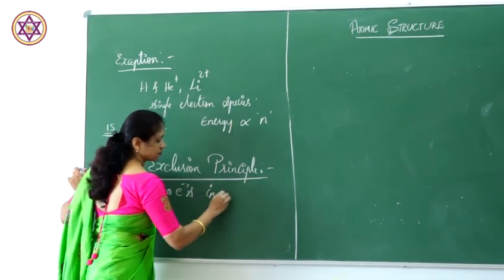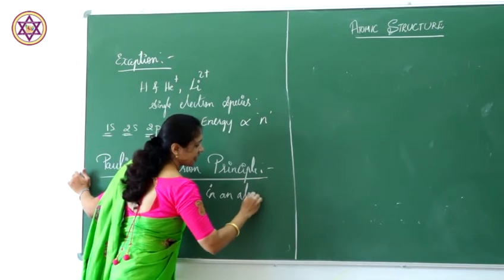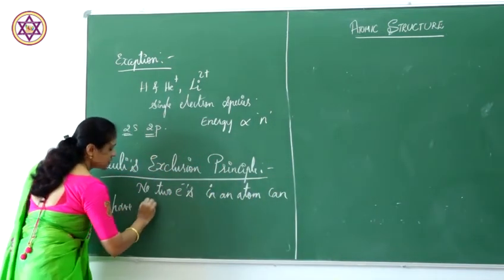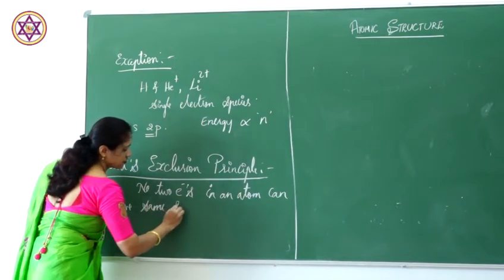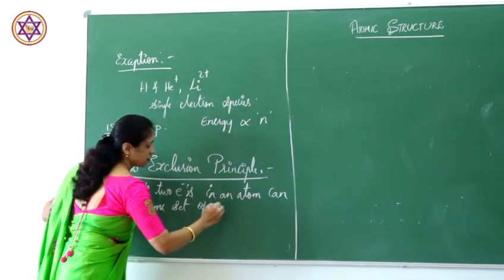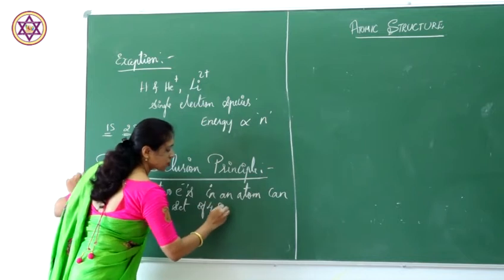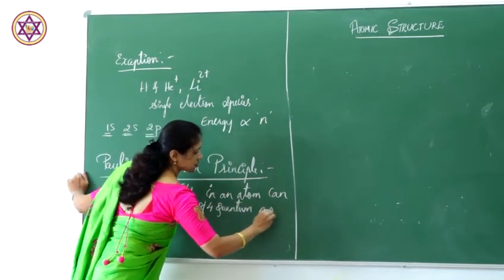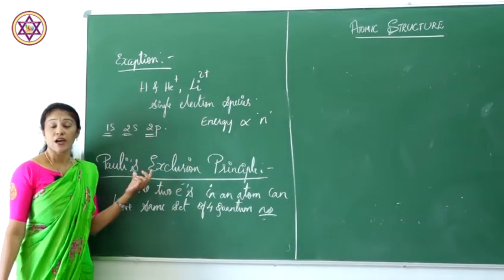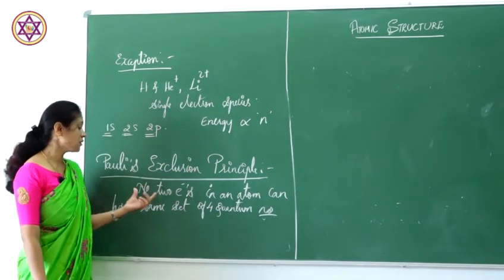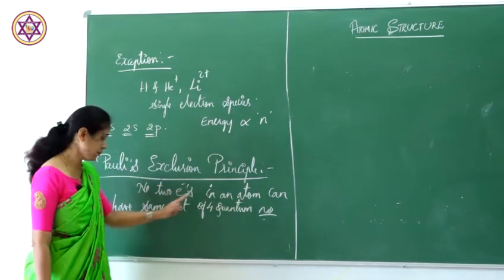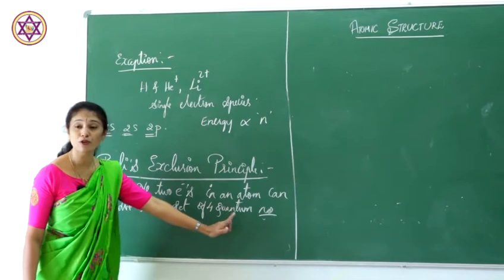Here, according to Pauli's exclusion principle, it tells that no two electrons in an atom can have the same set of 4 quantum numbers.